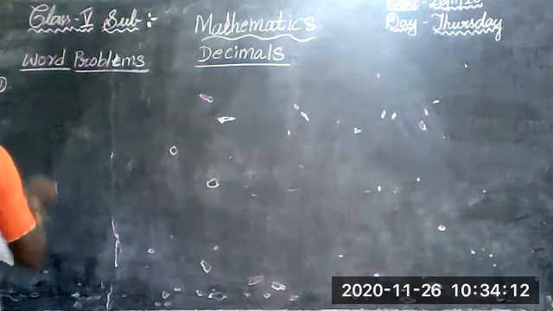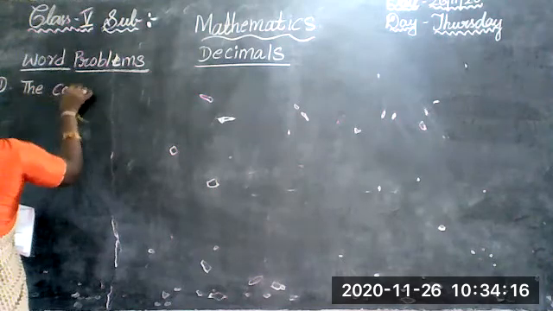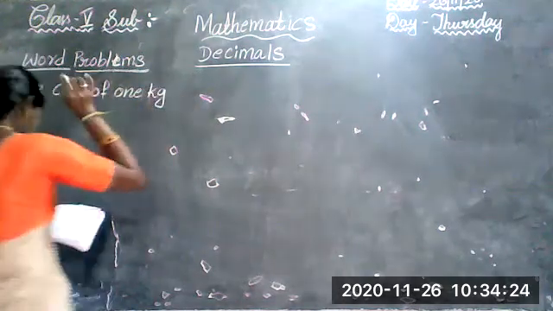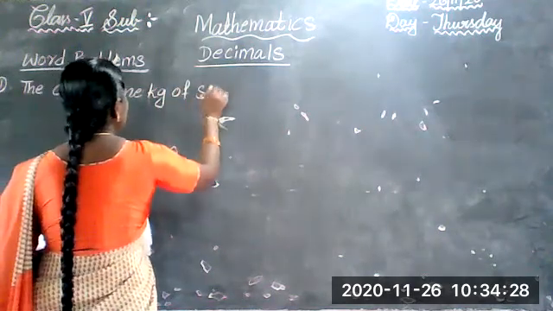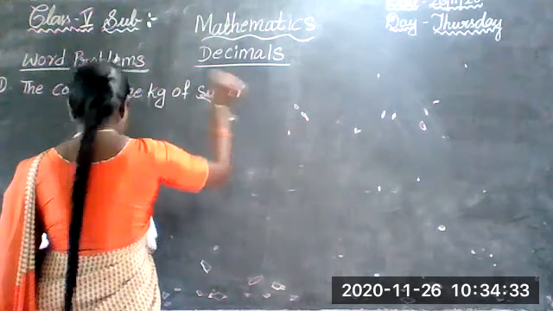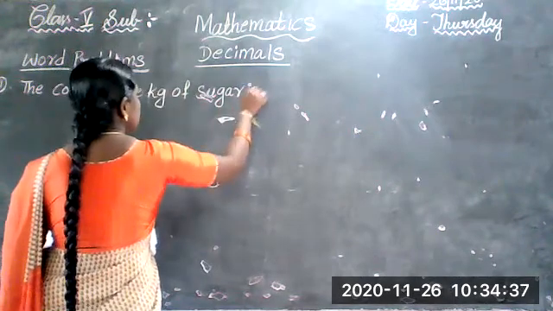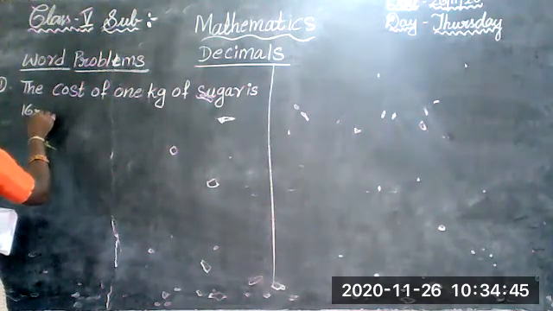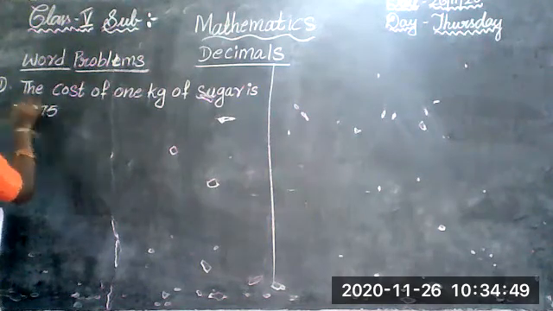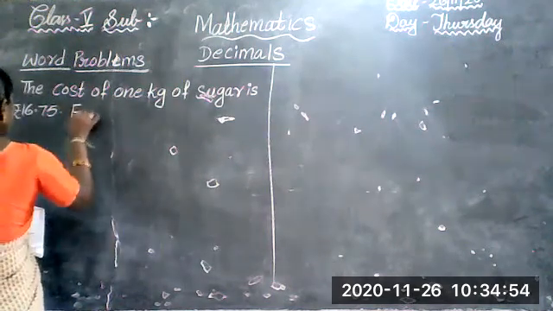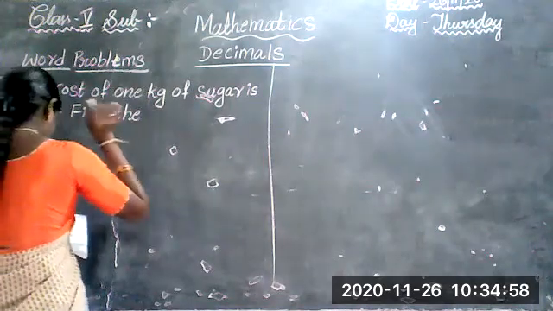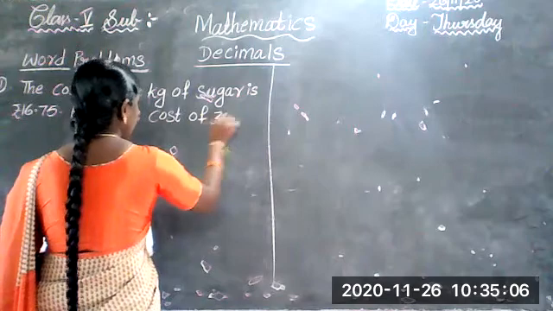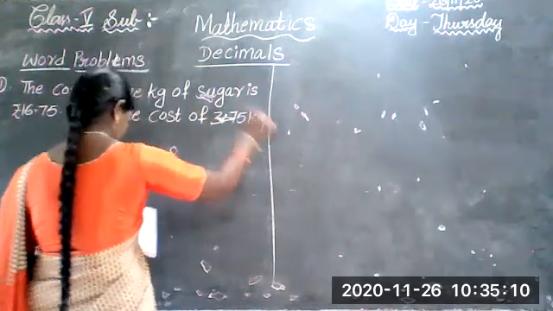The cost of 1 kg of sugar is rupees 16.75. Find the cost of 3.75 kgs of sugar.